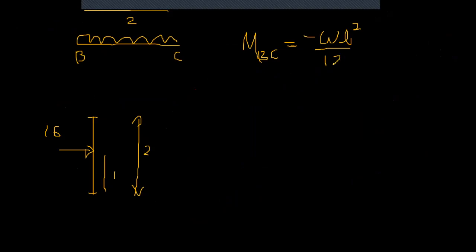Why minus? It's anti-clockwise, right? So it's going to be, this is 6 kilonewtons per meter, minus 6 into L squared over 2L.